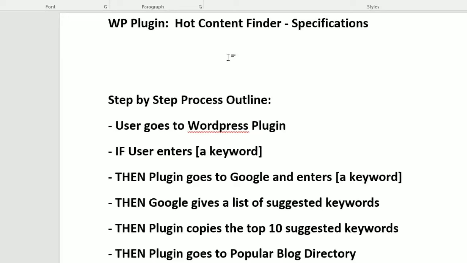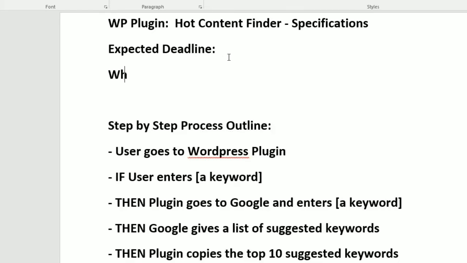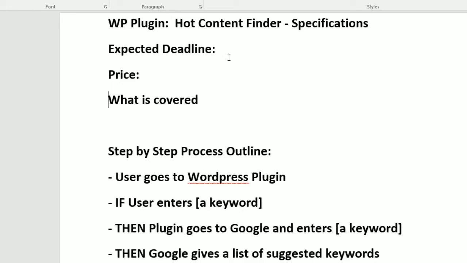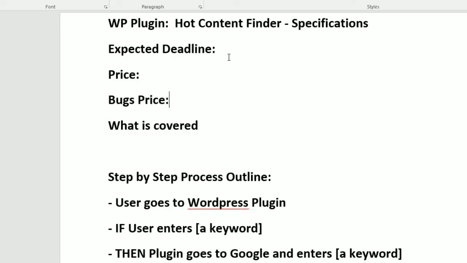Now, you still need to write down the deadline, and this is something that you're going to agree upon with the programmer. Expected deadline, what is covered for the price. So price, bug price, because that's something that most people don't think about.